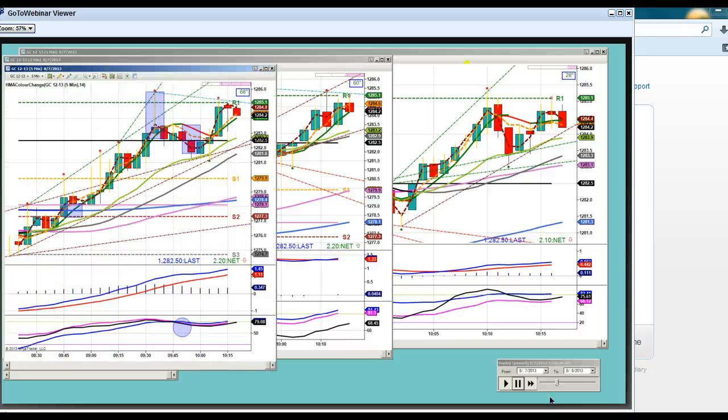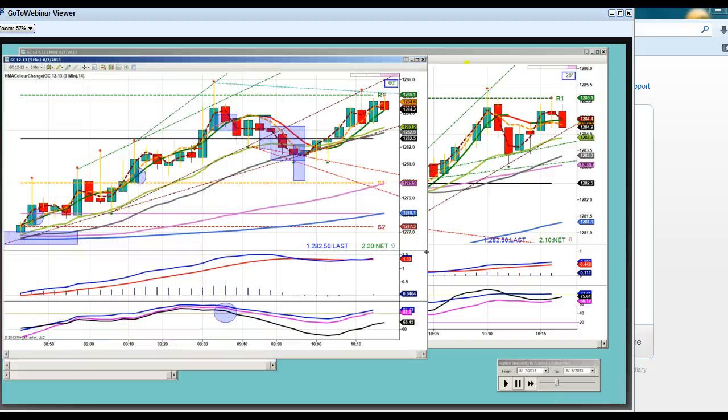So what's purple on the 1 could be a green on the 3, could be blue on the 5, could be green on the 15. But there's still a support. All you have to know is that it's a support level or a resistance level, meaning that the market's not likely to penetrate through it unless the right ingredients are there.